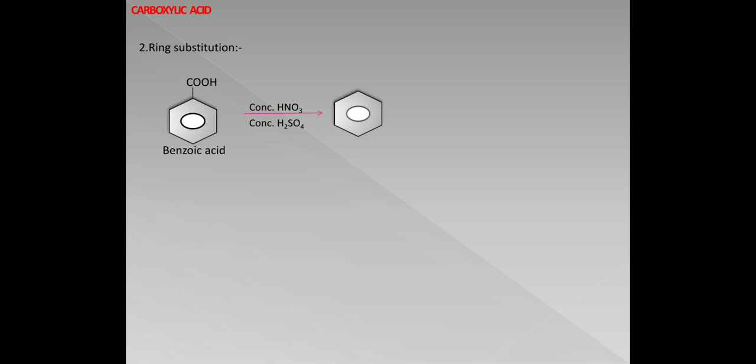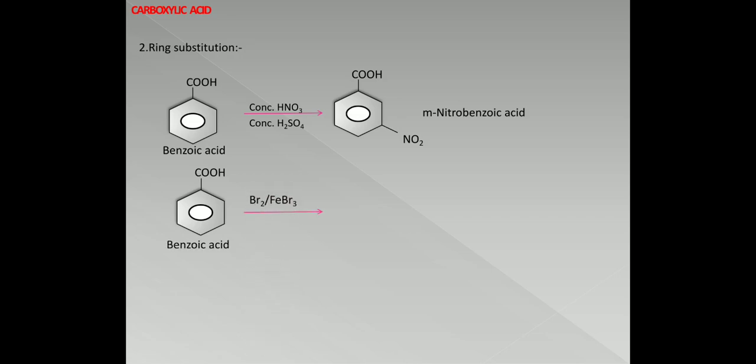So it forms the product meta-nitrobenzoic acid. Second example, when benzoic acid undergoes halogenation with Br2 and FeBr3, it forms meta-bromobenzoic acid.